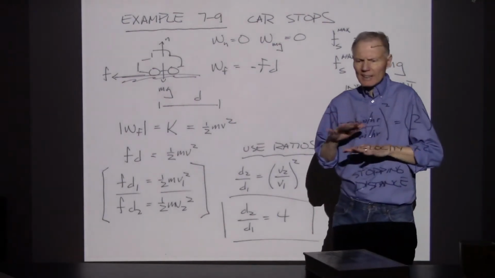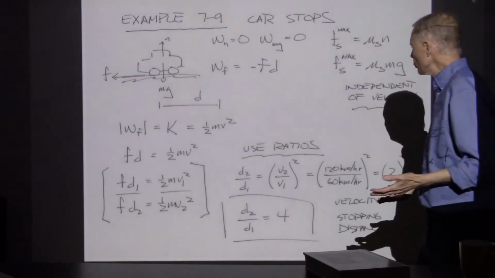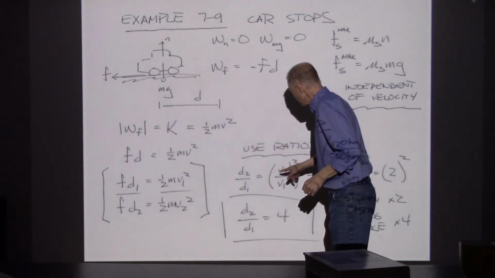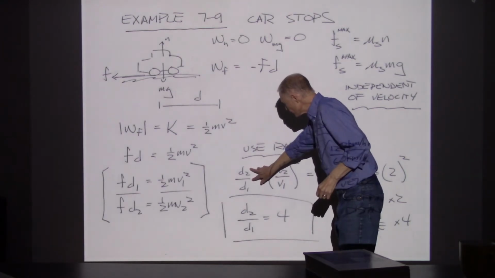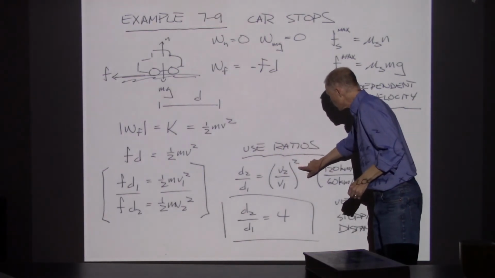So I've eliminated everything else, the mass of the car, the frictional force. It comes down to the ratio of distances equals the ratio of velocities squared.